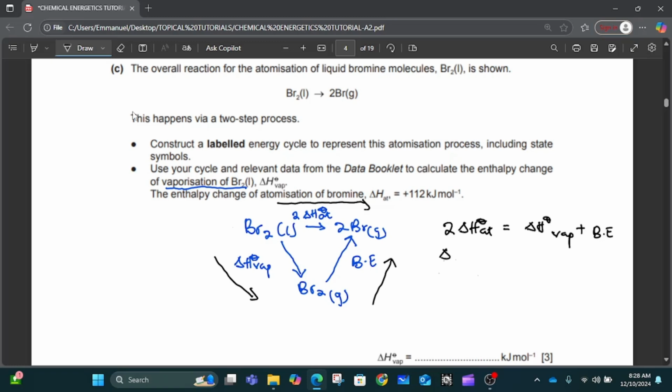This means that the enthalpy change of vaporization is equal to 2 times the standard enthalpy change of atomization minus the bond energy. The enthalpy change of atomization from the question is 112 kilojoules per mole, and the bond energy from the data booklet is 193 kilojoules per mole. Therefore, the standard enthalpy change of vaporization is 31 kilojoules per mole.